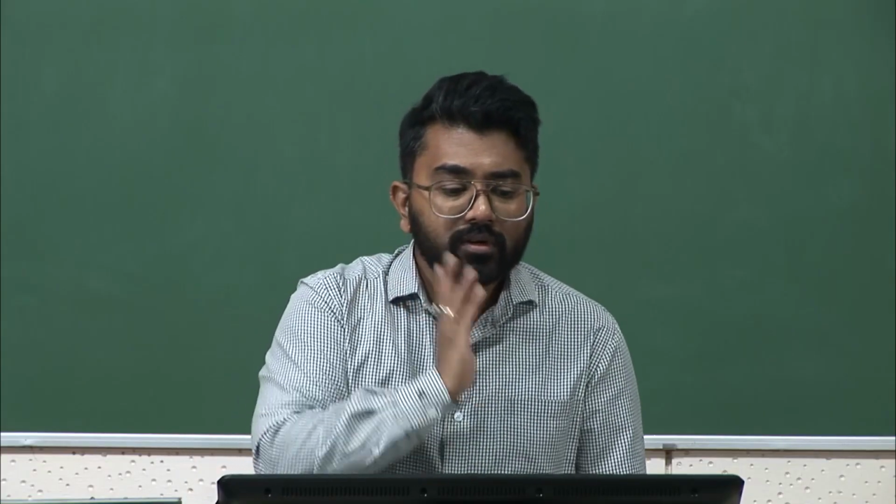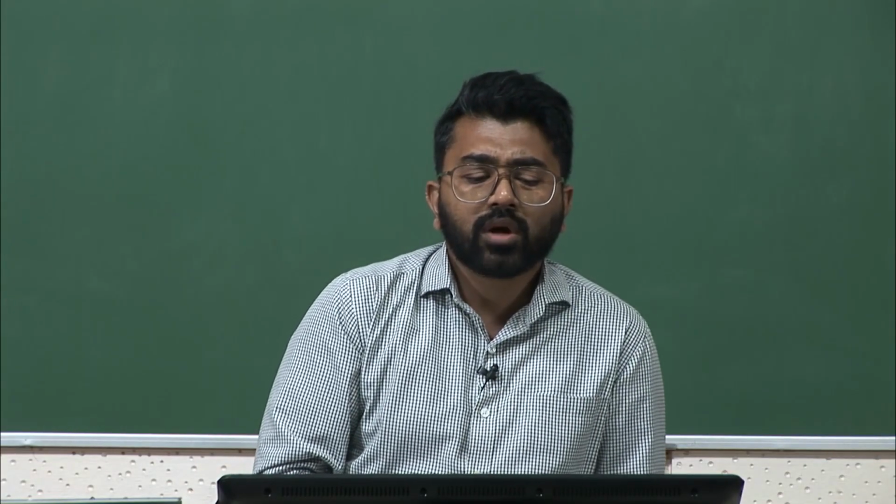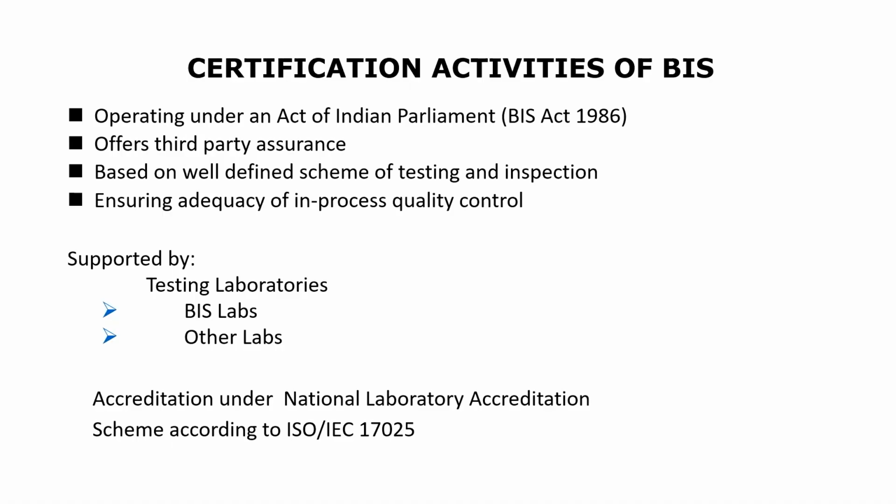Let us look further. So, what are the key certification activities of BIS? So, this is operating under the Act of the Parliament, which is the BIS Act 1986, and offers third party assurance. What that means is, based on a well defined scheme of testing and inspection, ensuring adequacy of in process quality control, right.